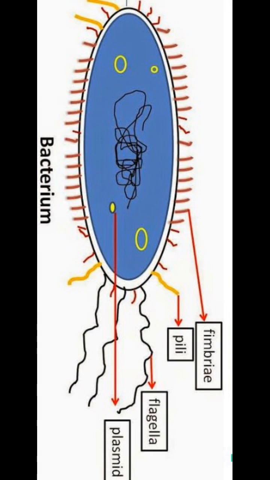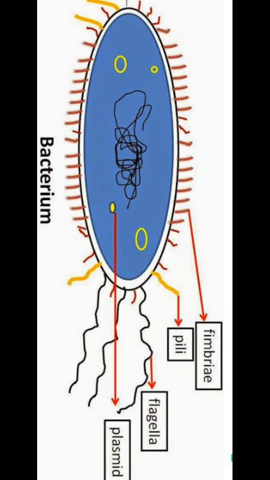Now you can see those very clearly. Next, the filament is the long portion and extends from the cell surface to the outside. You can see in the diagram also, flagella are long projections. Especially the filament is the longest portion, extending from the cell surface to the outside.